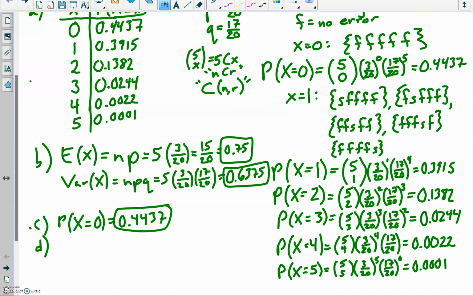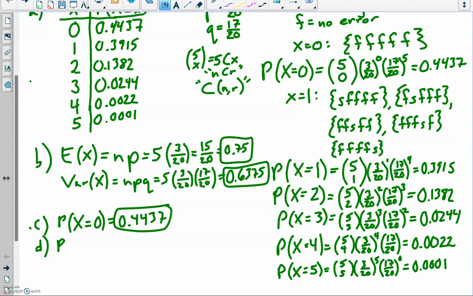Now, if your instructor is actually accounting for the impossibility of 4 and 5, then you would not add the 0.0022, the 0.001 to this. You would just put in 0 and 0. But from what I've been told, you just put them all together, and because they're so small, it's negligible.